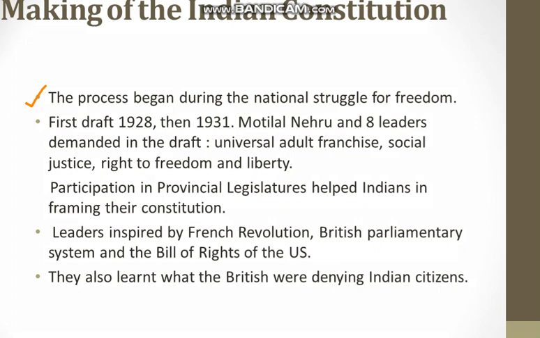When the national struggle was going on, the process to form the Indian constitution started. The first draft of the constitution was in 1928, then in 1931. It was formed by Motilal Nehru and 8 other leaders.